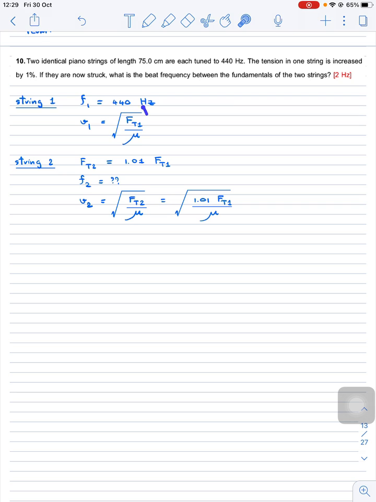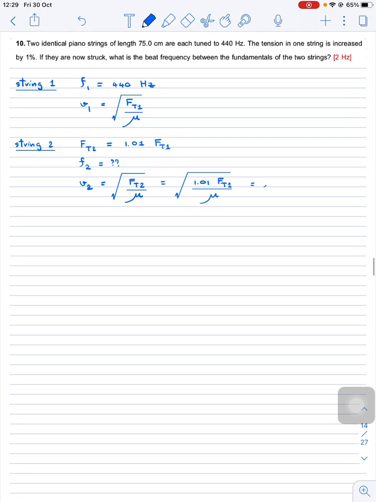But we know that the square root of FT1 over mu equals v1. So it's going to be equal to the square root of 1.01 times v1. So the speed of the wave in string 2 should be the square root of 1.01 times the speed of the wave on string 1.